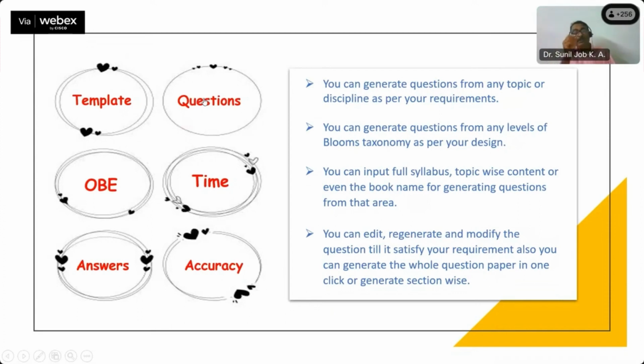Or you can even give a book name, some popular book like Shakespeare's Macbeth, or Shakespeare's Midsummer Night's Dream, or some famous poems. You can just give the name of the poem and ask this software to create questions. It will directly prepare questions for you from that particular book, or poem, or a particular part of that drama, or something like that. So it's a very wonderful tool. You can prepare questions from anywhere.